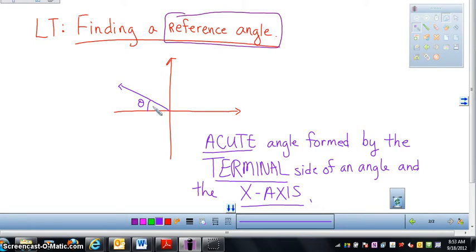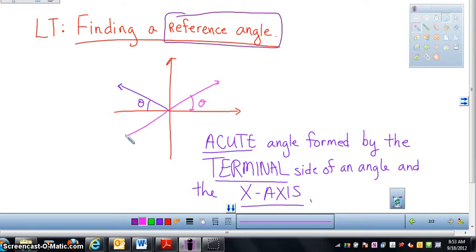So this reference angle, if this is my terminal side, the reference angle always goes to the x-axis. Always goes to the x-axis. It's an acute angle. It's less than 90, formed with the terminal side that goes to the x-axis. I said you can have them in all four quadrants. You can have a reference angle here in this quadrant, so you'd go from the terminal side in the first quadrant down to the x-axis. There's another one.